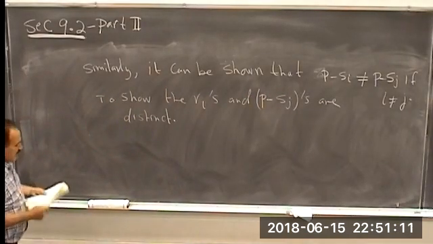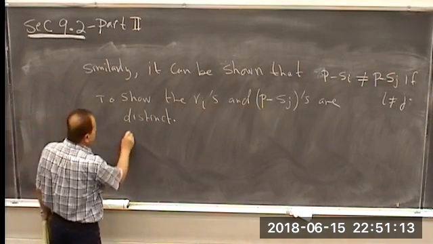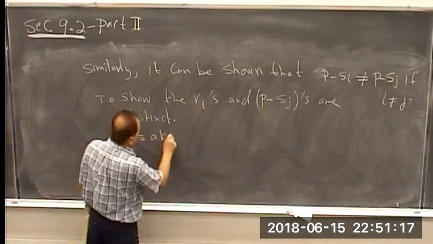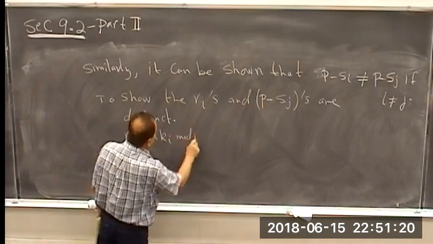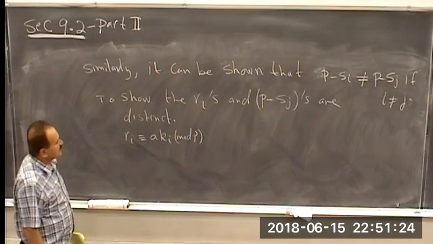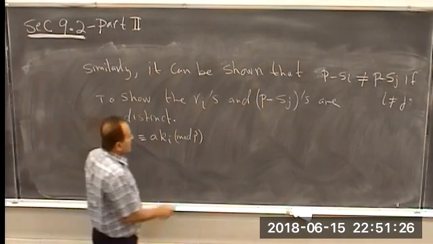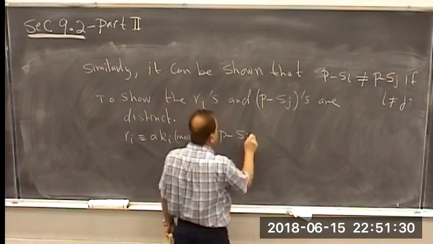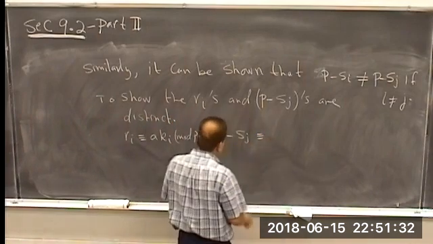Again, let's assume that we have r sub i congruent to a k sub i mod p, coming from this multiple by reducing it mod p, and the p minus s sub j is coming from the same thing.